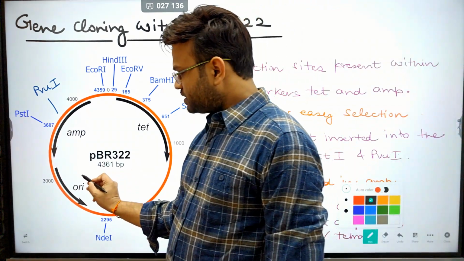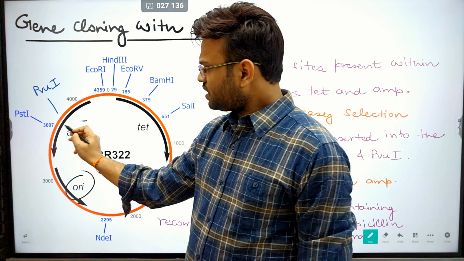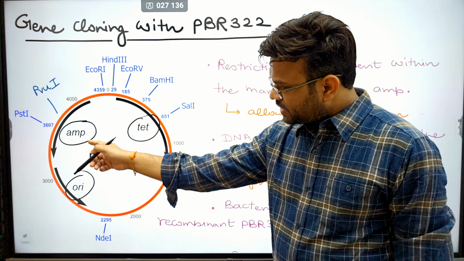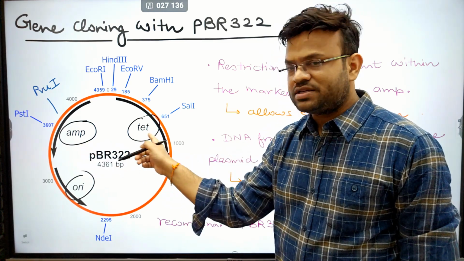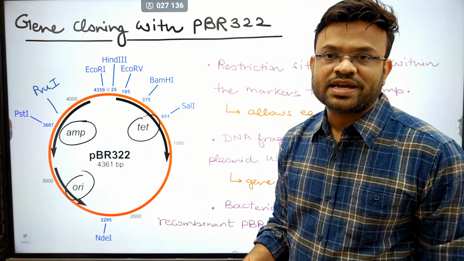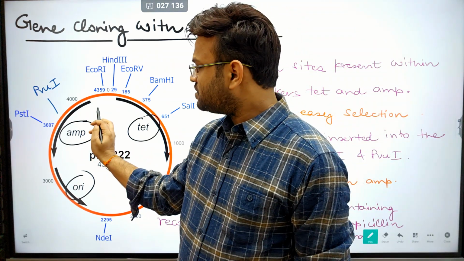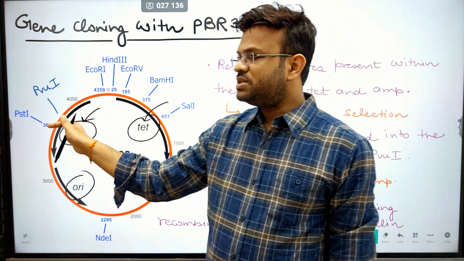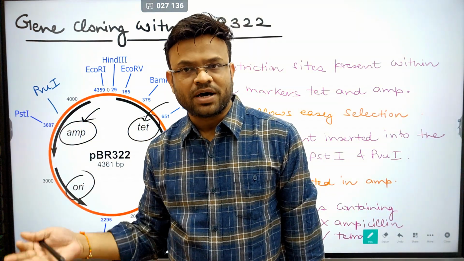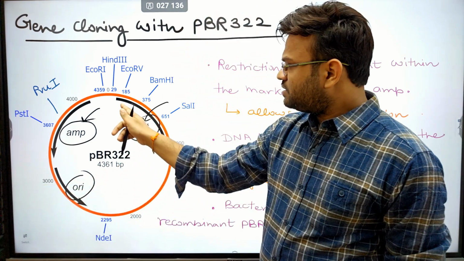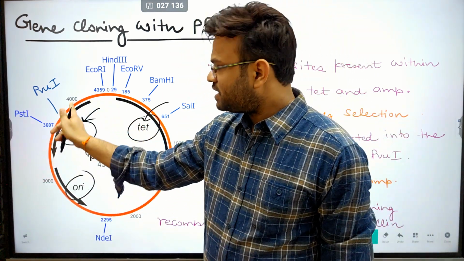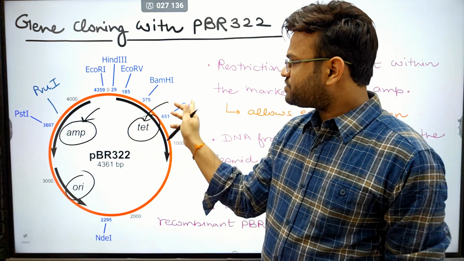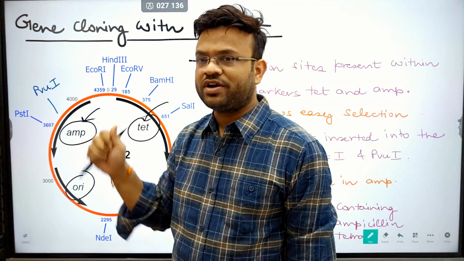Now you can see, let me just take a pen over here. I have already told you that this is the origin of replication. These are the two genes that are playing important role. For example, ampicillin resistance gene, this is one gene, and this is the tetracycline resistance gene. These two genes are basically functioning as the selectable markers over here, and in these selectable markers, there are multiple restriction enzymes that are cutting at different places.